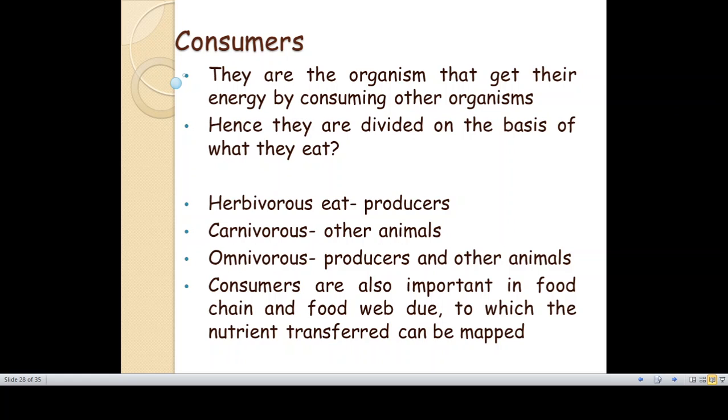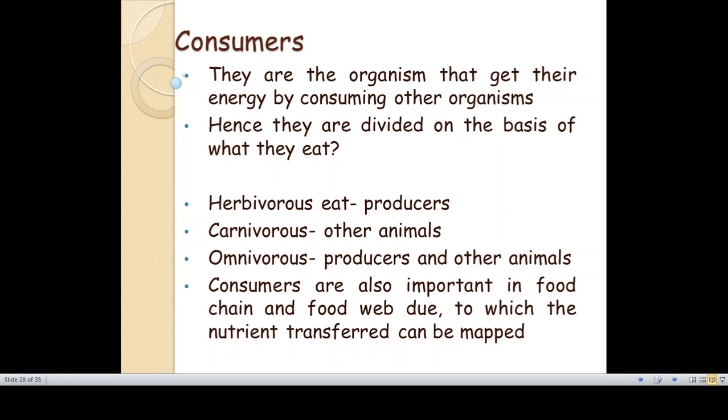It can be organisms which feed on plants, like goat, cow, deer, rabbit, or other kinds of organisms which feed on other organisms, which are called carnivorous, for example tiger, lion, wolf, etc.